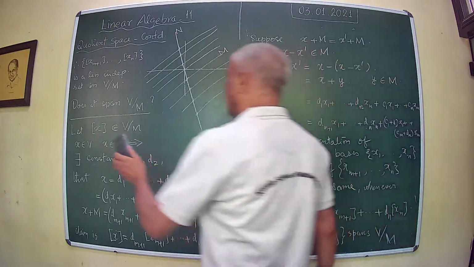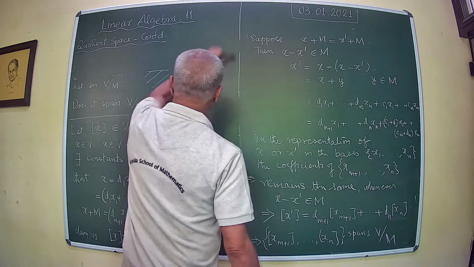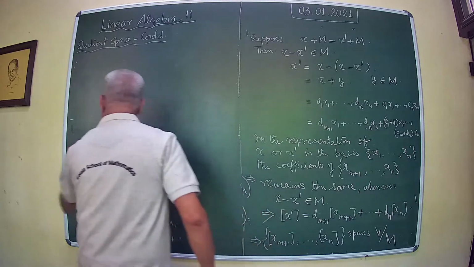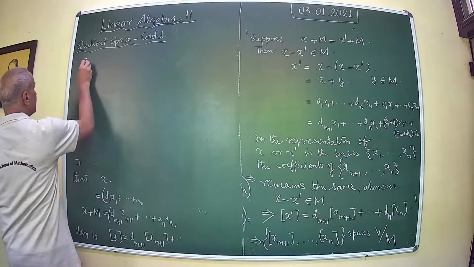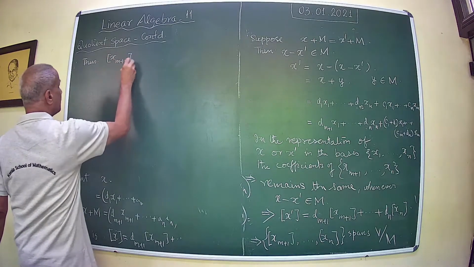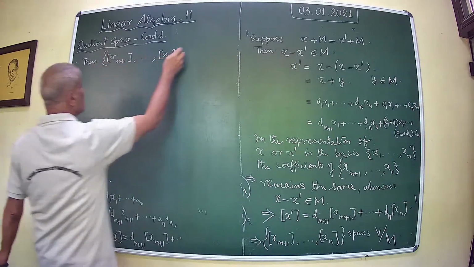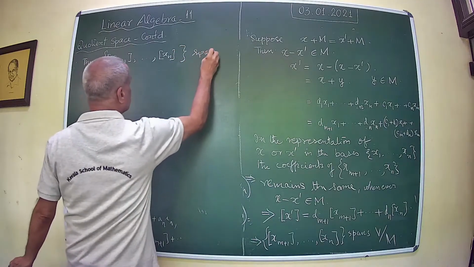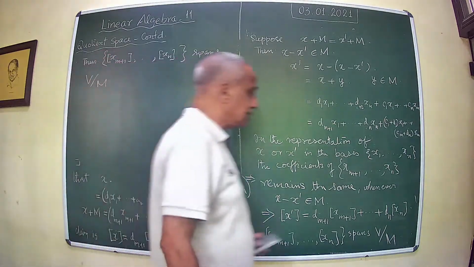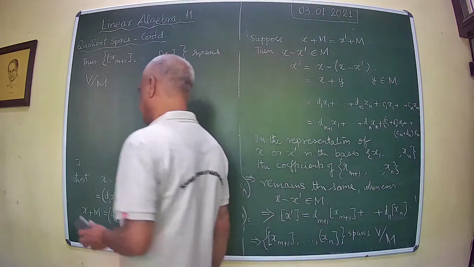So this in turn implies, where have we got this x1, xn plus 1, xn plus 2, etc. xn? It came from a complementary subspace.